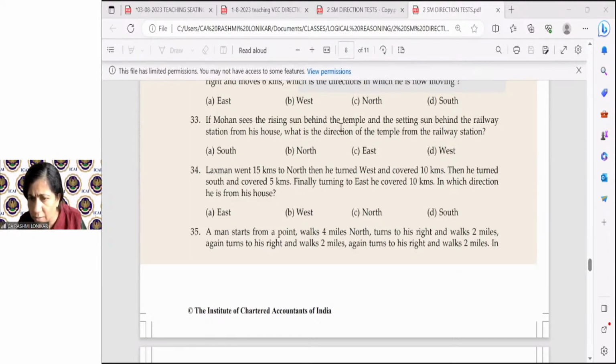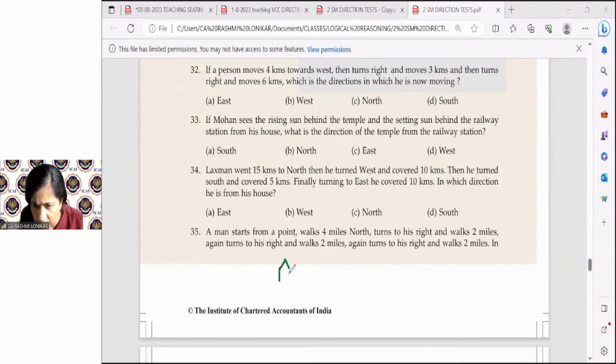Mohan sees the rising sun behind the temple. Okay, so this is the temple. Rising sun behind the temple. And the setting sun behind the railway station. So here you have the railway station. And so the sun setting is here, railway station.